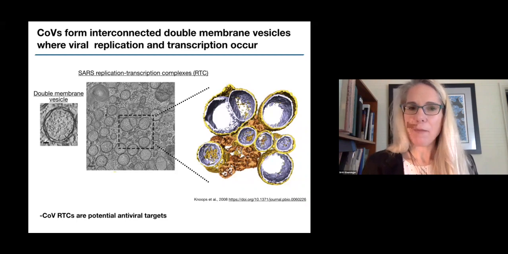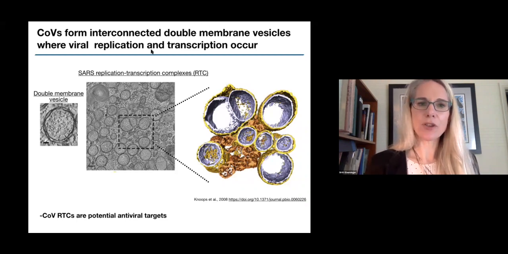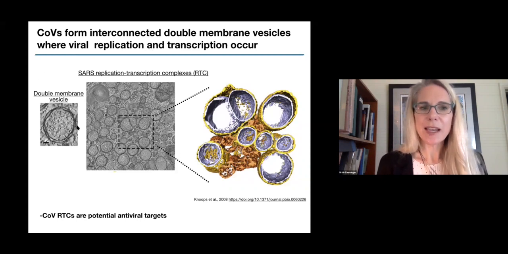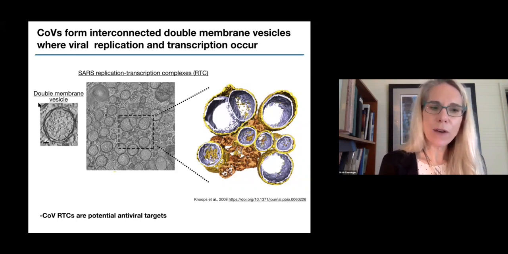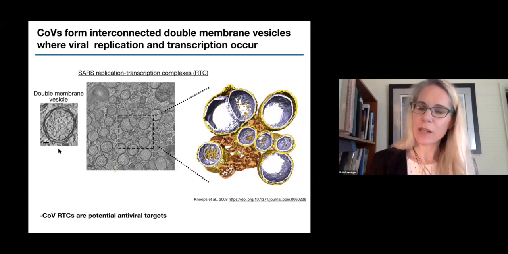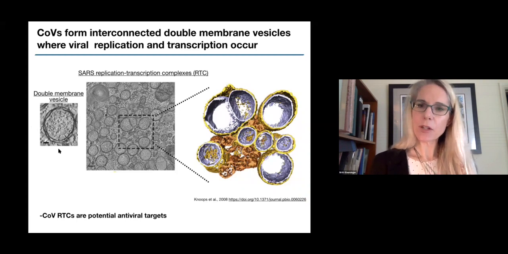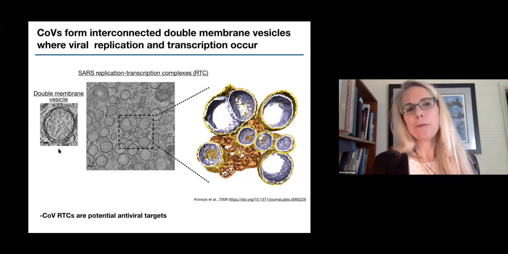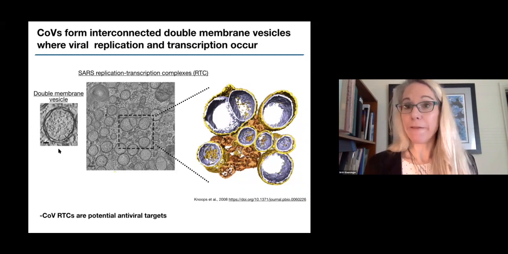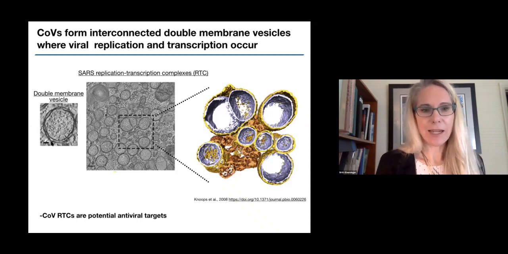And so membranes in the cytoplasm, if you can see from these electron tomographs, in a coronavirus infected cell, and this is showing a cell that is infected with SARS coronavirus 1, the cytoplasm becomes chock full of these double membrane vesicles. You can see one outlined here.